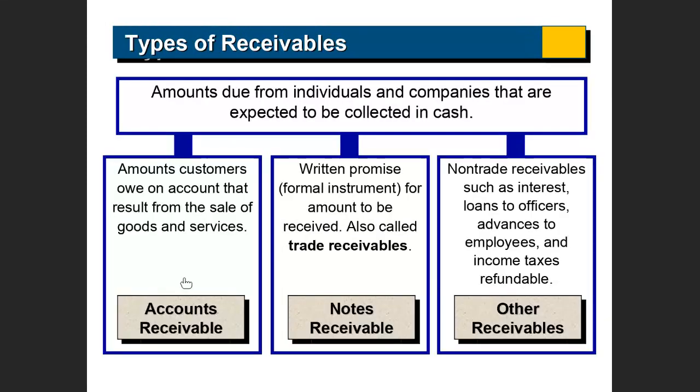Advances to employees. I'll give you an example from our university. When a new employee joins the university from outside, the moment they arrive, the university gives them 1 month's salary in advance.